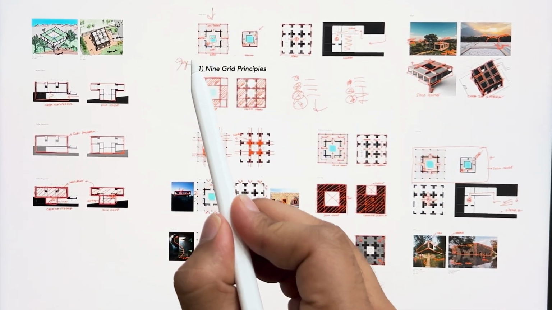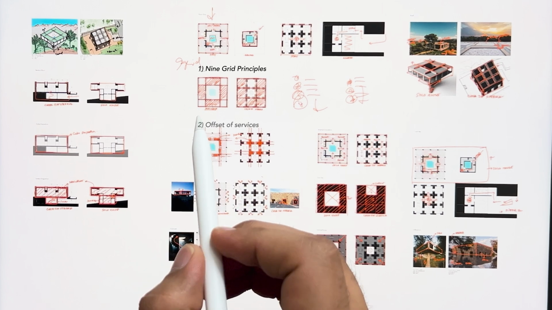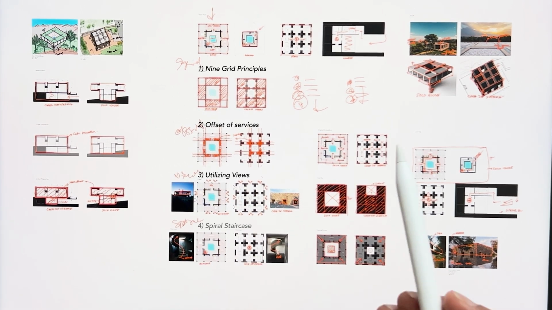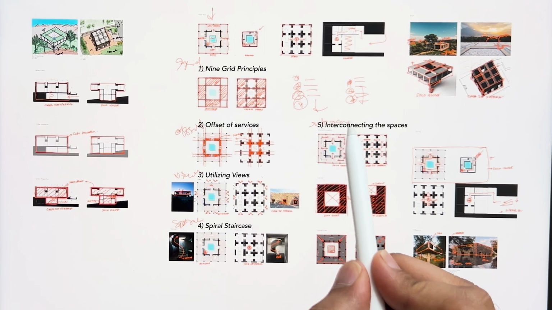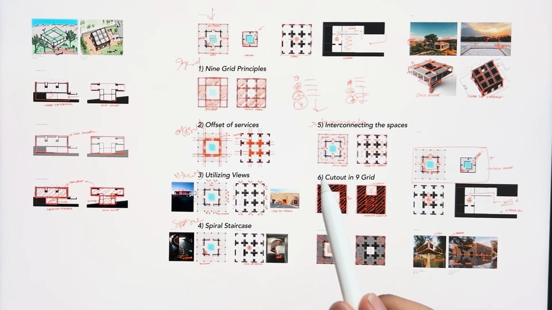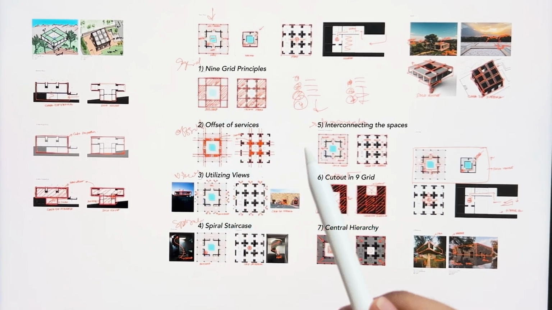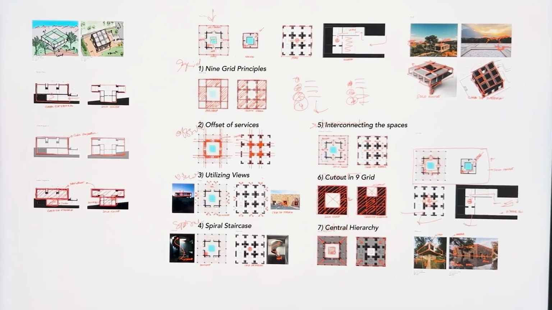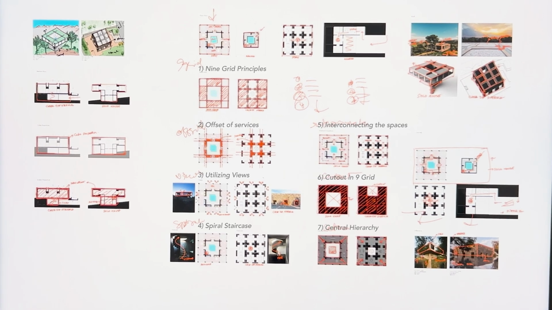Both architects follow similar principles such as the 9 grid system, offset of services, utilizing views from the context, emphasizing the staircase, interconnecting the spaces, adding the cutout for natural light, and highlighting the importance of the central space. However, their unique interpretation and execution lead to different outputs. The key takeaway is that while similarities may exist, it is the individual process, interpretation and application of these principles that lead to distinct and original architecture creation.